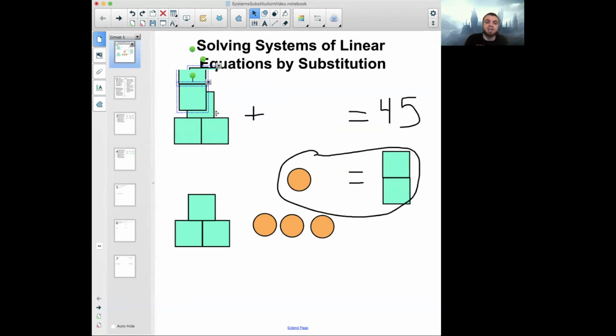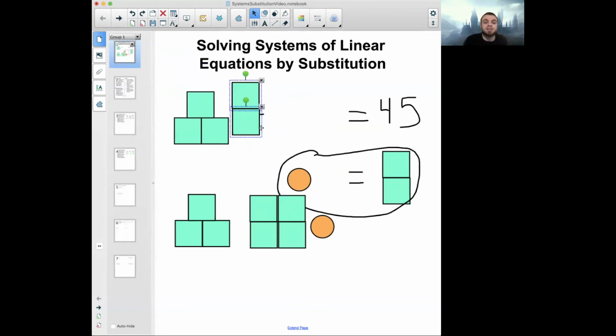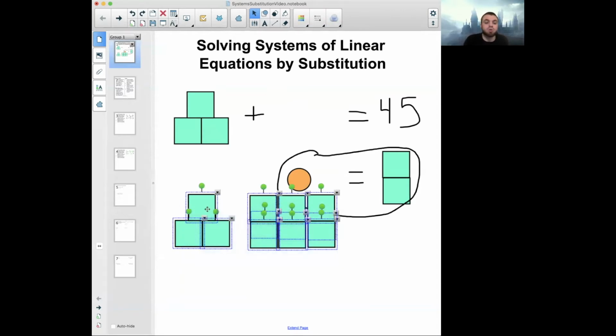So I can take each orange dot and replace it. And that's the thing we call substitution. I'm allowed to do it because an orange dot and 2 teal squares are told to be the exact same thing.